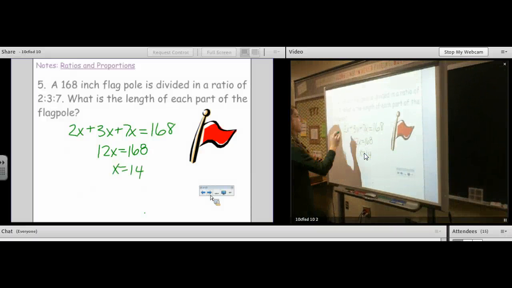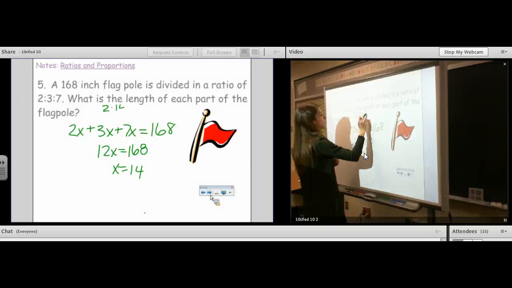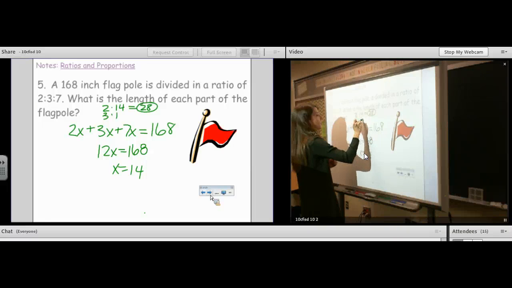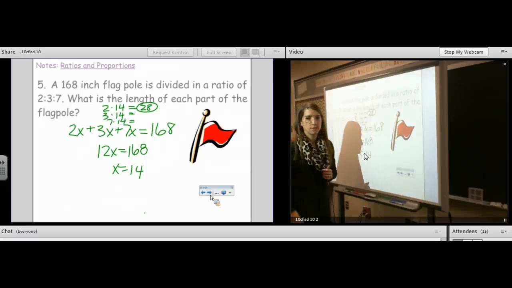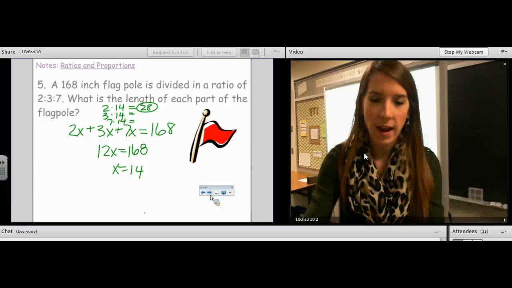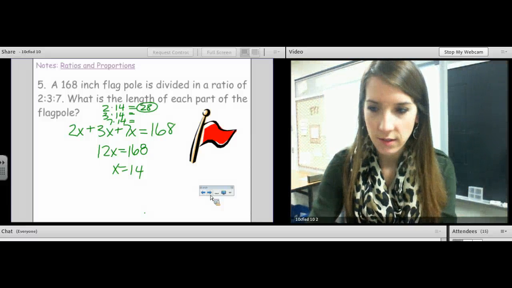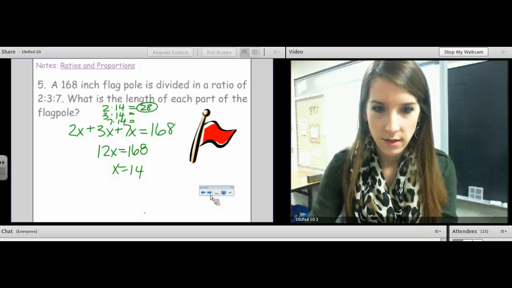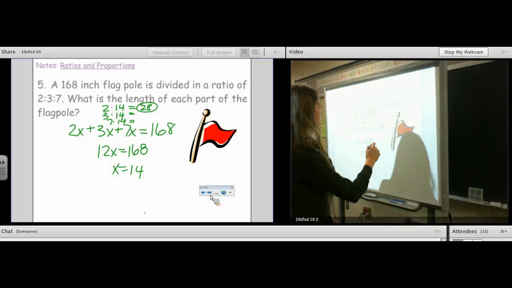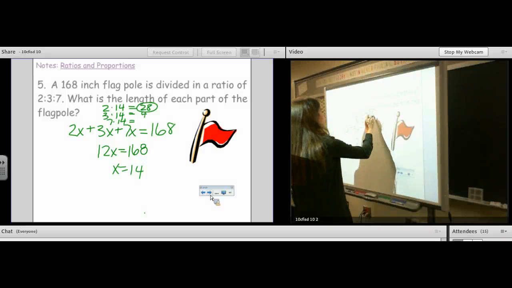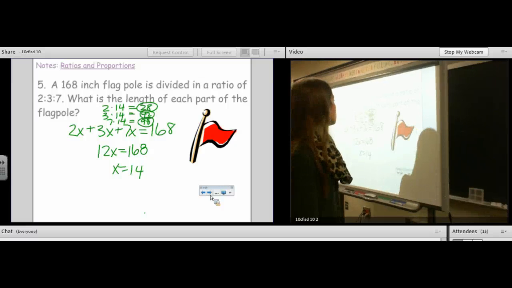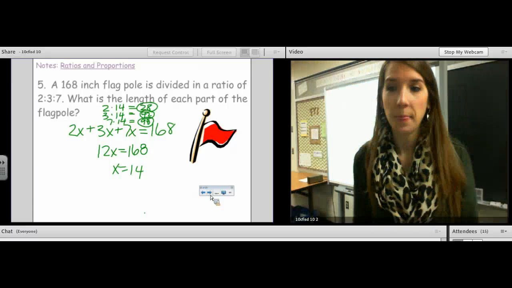And then you just plug it in. 2 times 14. 3 times 14. 7 times 14. Did you get them right? Are you confused? 28, 42, and 98? Okay? Yeah.